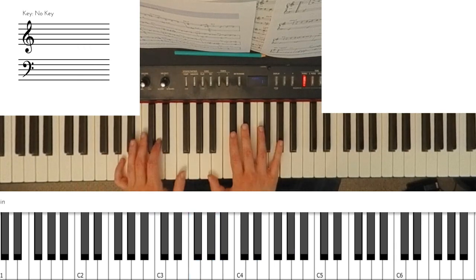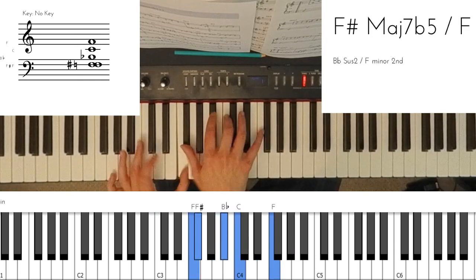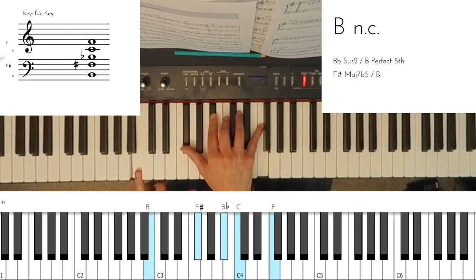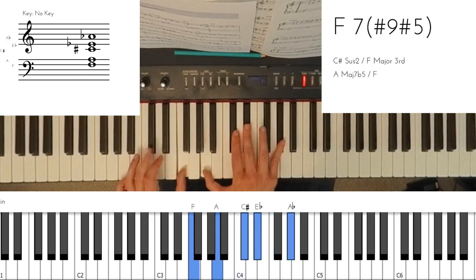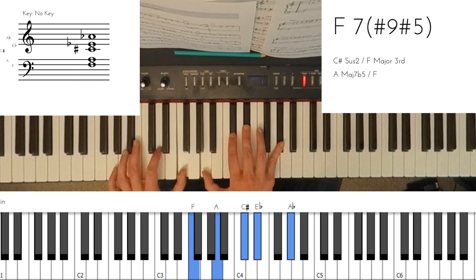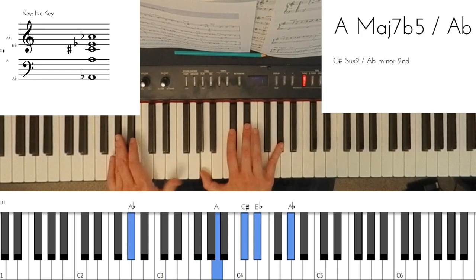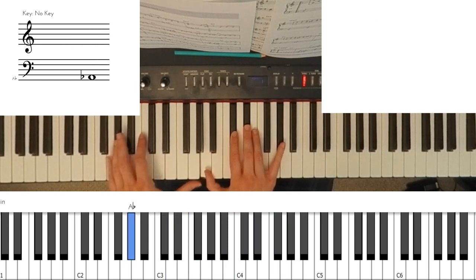There's generally one that doesn't work so well. Here, B doesn't work very well with this one, but here the D doesn't work. Here with the A flat, you've got the A flat Phrygian.